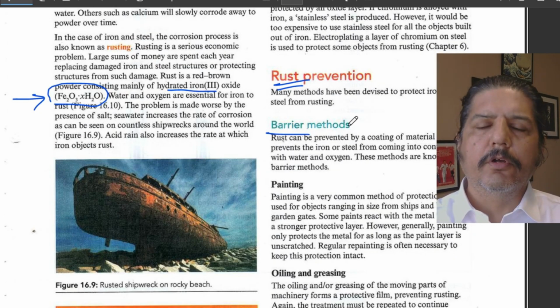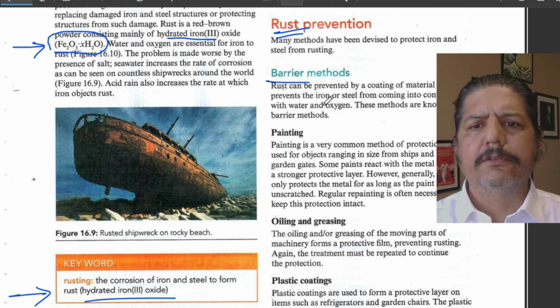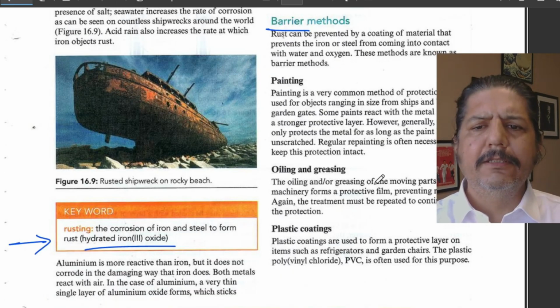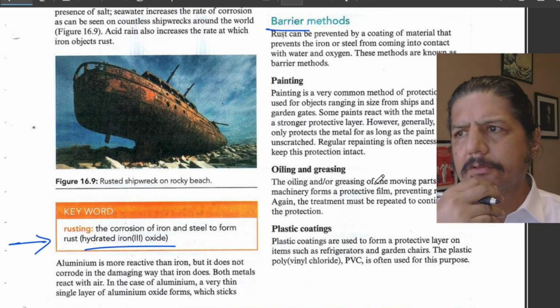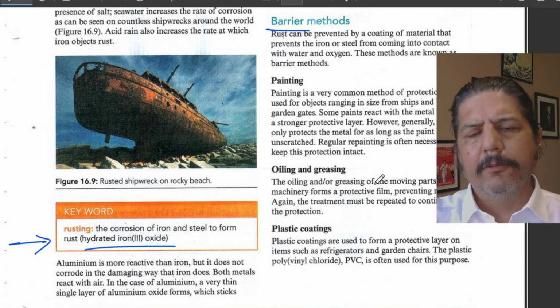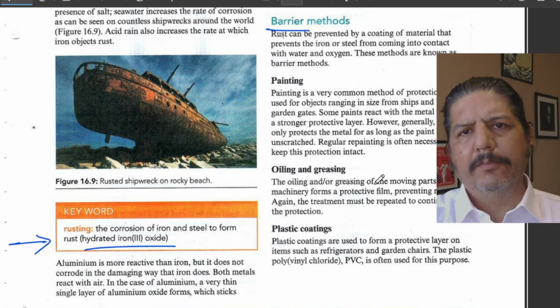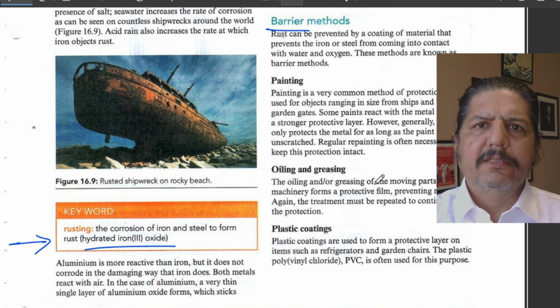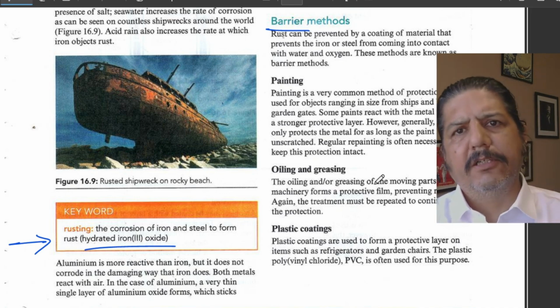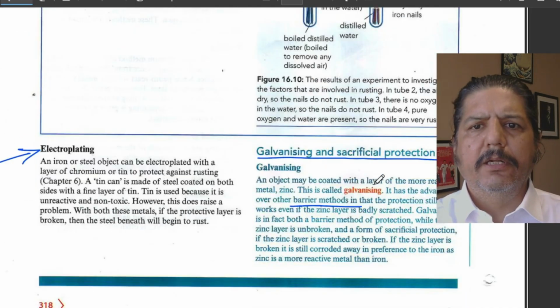Then for rust prevention, we have barrier methods in which you can use paint, oil, grease, or plastic coating. So basically, what you are trying to do is keep iron away from oxygen and water. But the problem with these methods is that with time the paint will wash off, the oil greasing might lessen, and plastic coatings might get affected.